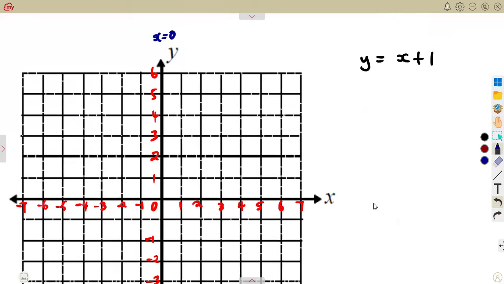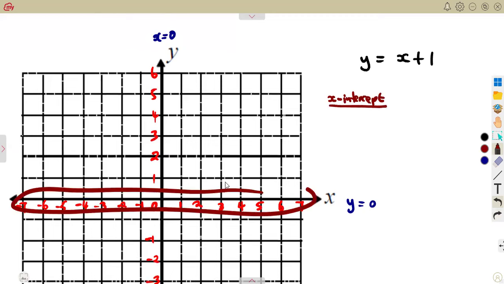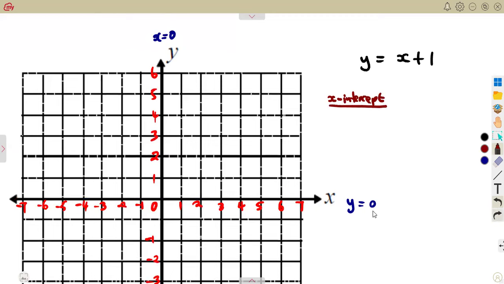When y is equal to 0, where am I? I'm in the x-axis. So it's up to you which one to start with. Let's say you want to start with the x-intercept. It's a point which lies on the x-axis where y is 0.